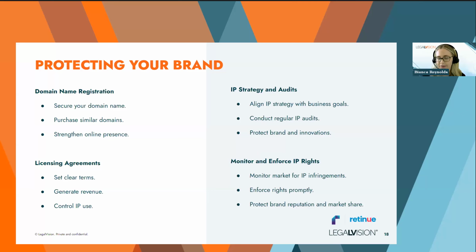It can help you identify assets that you want to protect, ensuring that your brand identity is secure, and also so that you can monitor for any infringements and be prepared to enforce your rights.